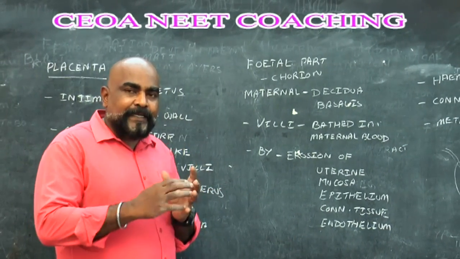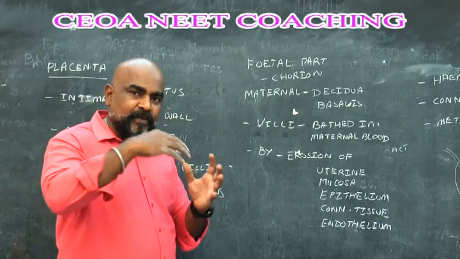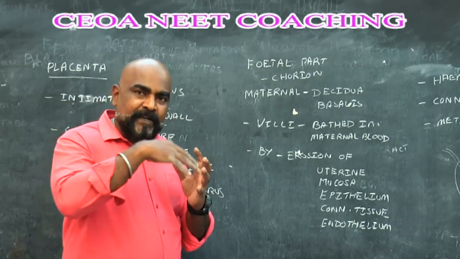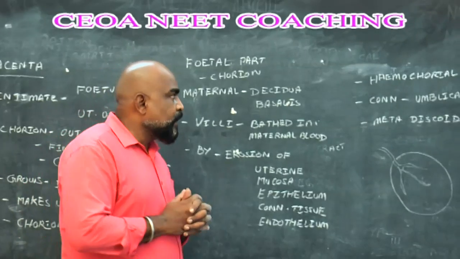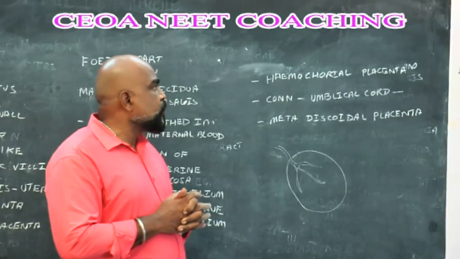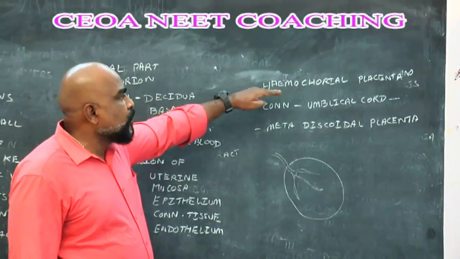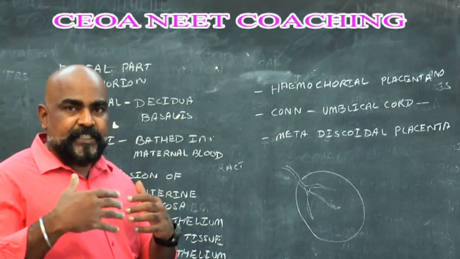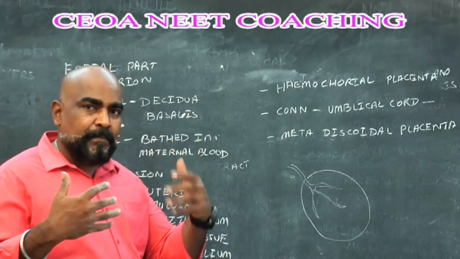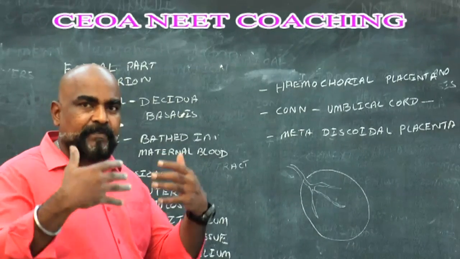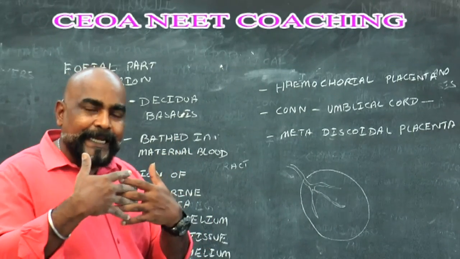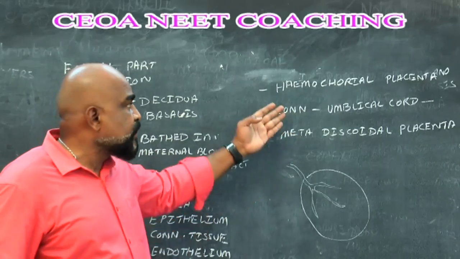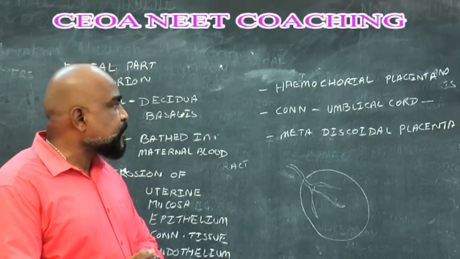So there is blood accumulation in which the chorionic villi are bathed. In humans, the placenta is also said to be a hemochorial placenta because of the intimate connection between the fetus and the mother. Both take part in the formation of the placenta and they are intimately connected. So it is called a hemochorial placenta.